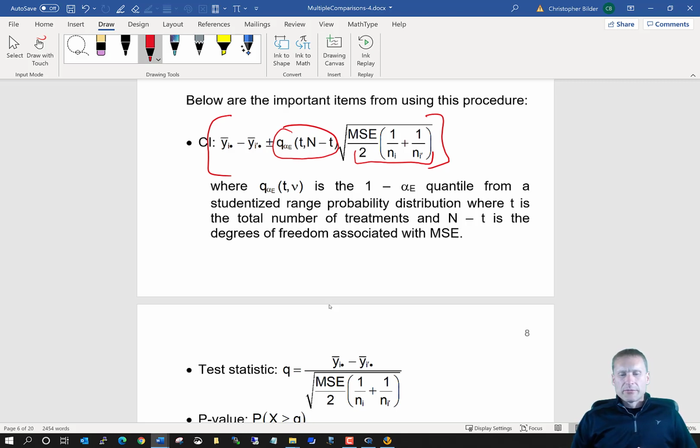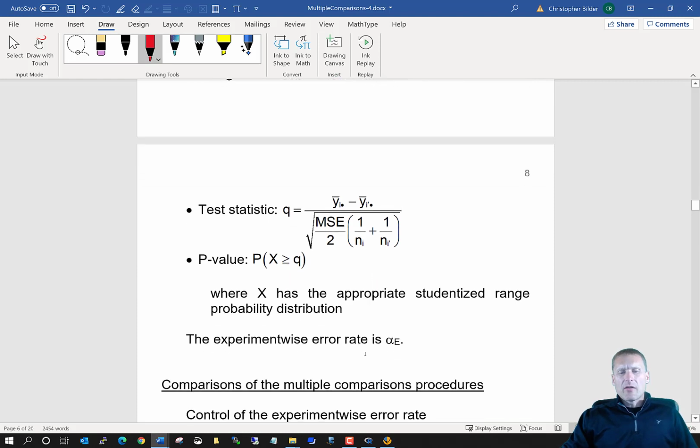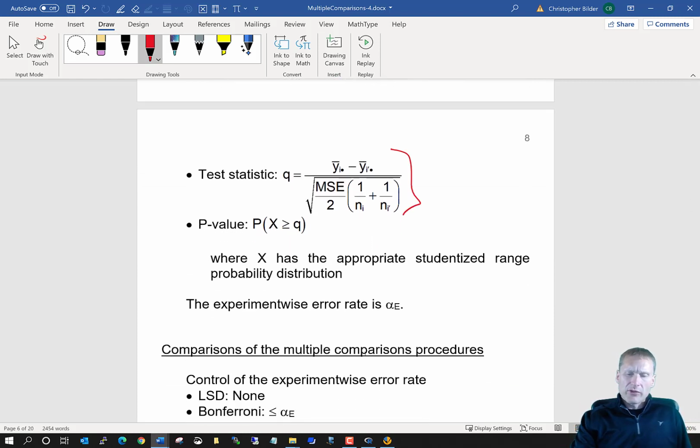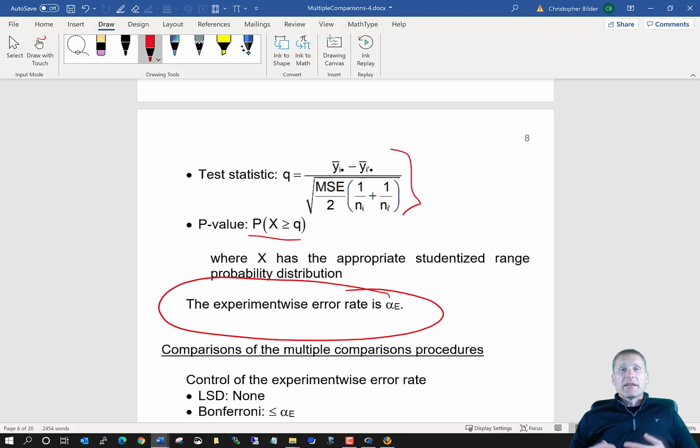Our test statistic, based upon what we saw above, is here. Our p-value, we would find in much the same way as we would normally. In this particular procedure, the experimentwise error rate is actually alpha sub E.